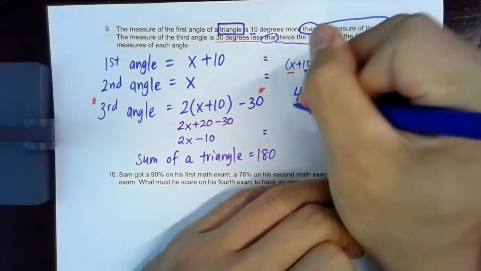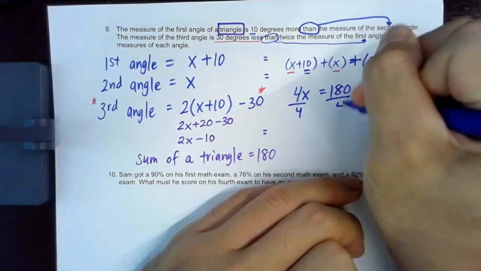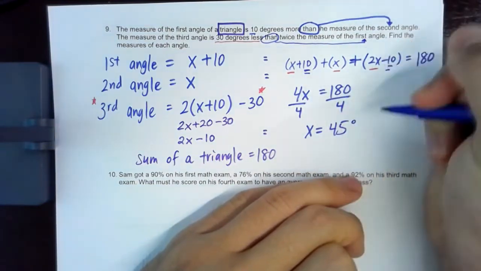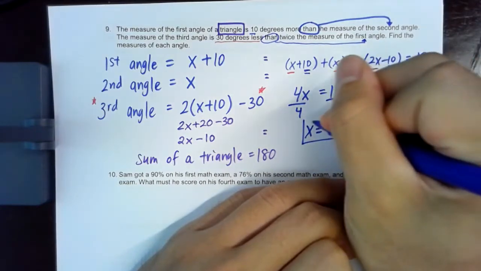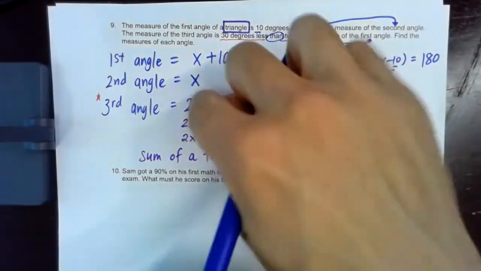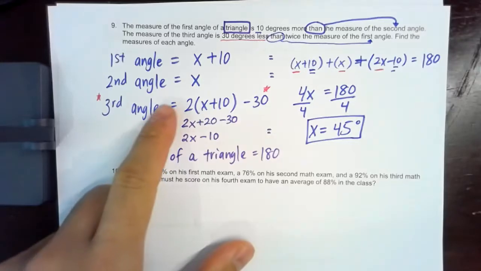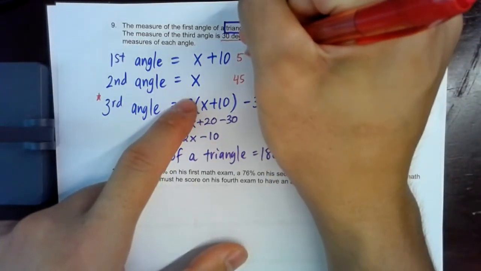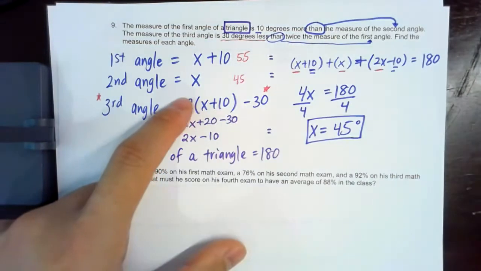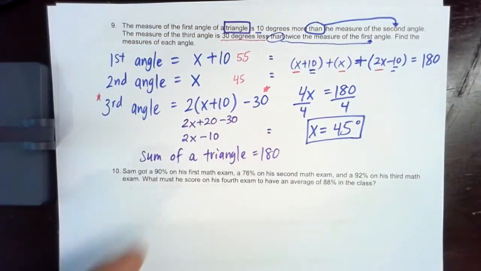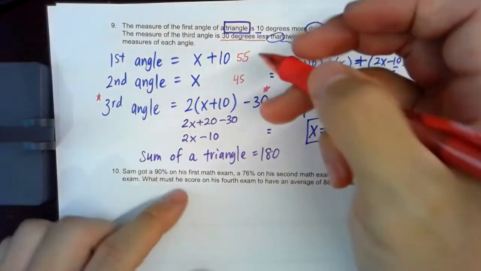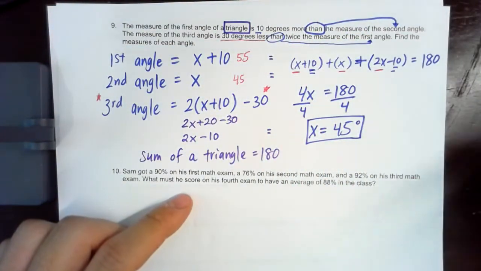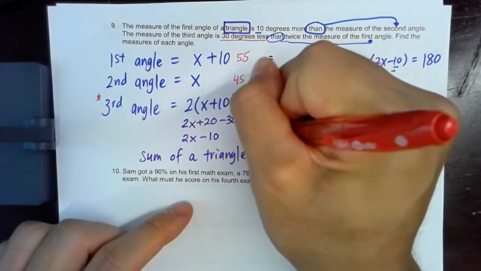So the calculation of this is really not that bad. 180 divided by 4 is 45. So I know that the second angle is 45. The first angle is therefore 55 because it's plus 10. And then the last angle really has to be, well, process of elimination. You add these two and you know that it has to be 80, right?